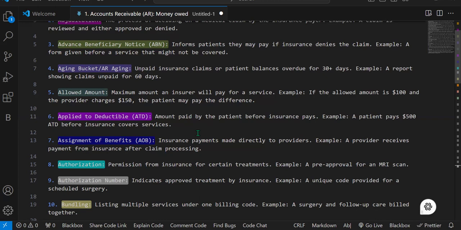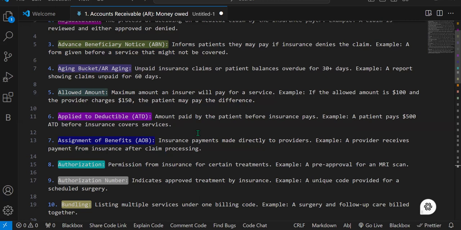After the 1,000 rupees is completed, the insurance company kicks in, which means the insurance company will give the amount to the doctor's office. Until the deductible amount is completed, the insurance company will not pay. So it will be applied towards the deductible. I hope you understand what a deductible is. If you don't understand, please comment in the chat and I will explain to you.